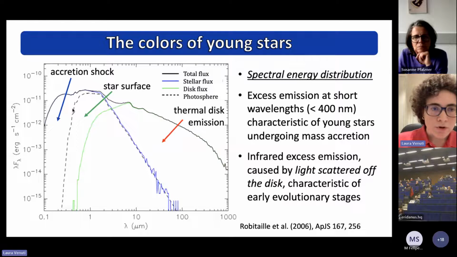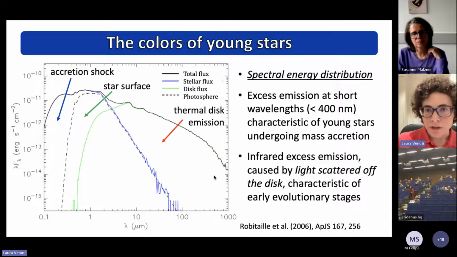We have a component that is driven by the stellar photospheric emission that is shown here as a dashed line. Then there is an excess emission at short wavelengths that is driven by the accretion shock. And then we have an excess emission across the infrared regime that is driven by thermal emission from the dust within the disk at different locations across the entire radial extent of the disk.